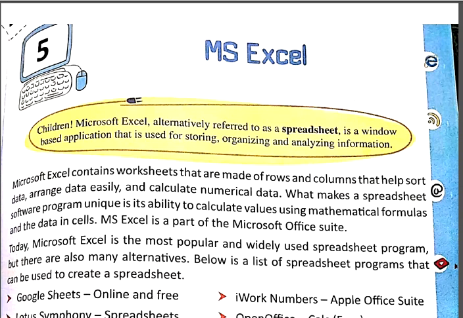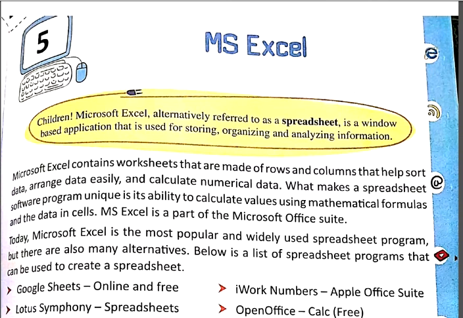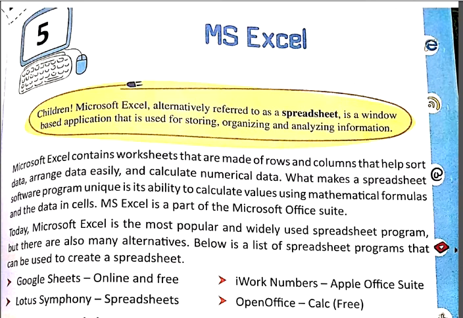But there are also many alternatives. Here you can see the different software that can replace MS Excel. Here you can see the list. Google Sheets is online and free, and it is also used for storing large amounts of numeric data and for performing calculations and formulas.